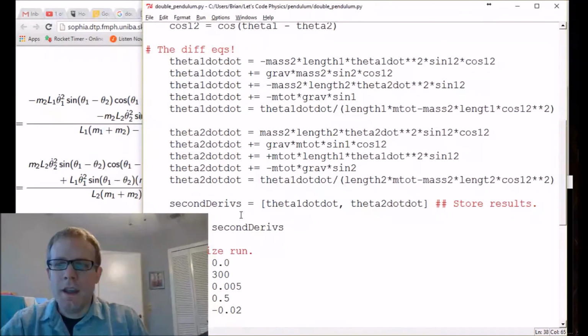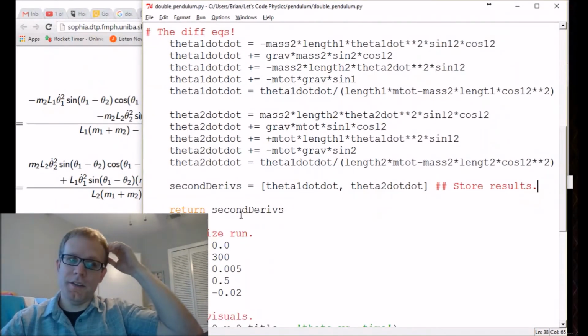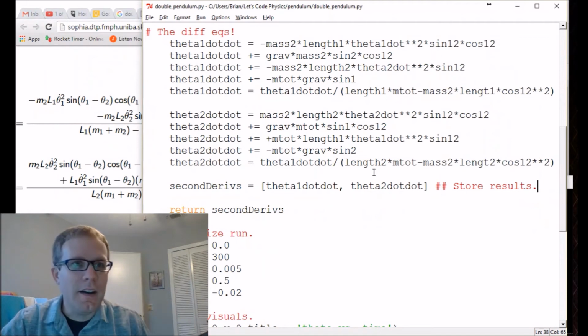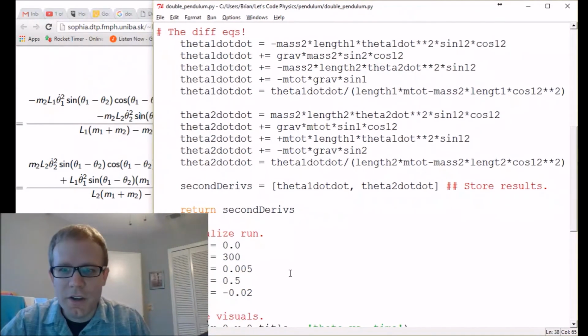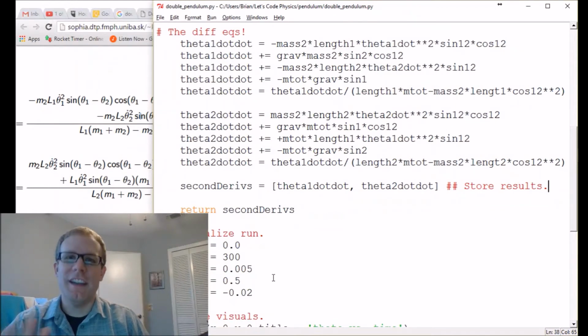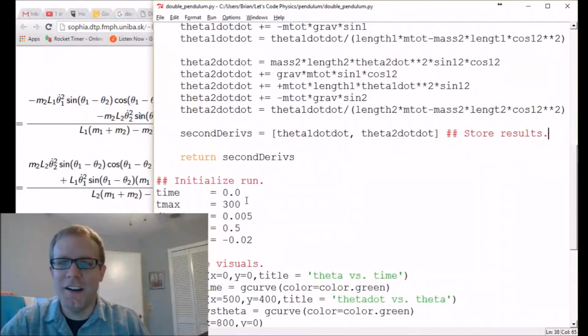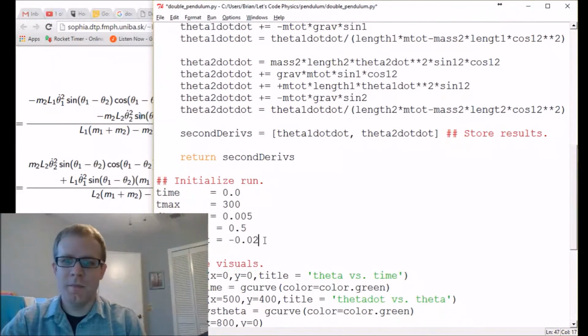Cool. And now what I'd like to do is get the rest of the code set up. We'll run it once, and then in the next episode we'll take a look at some of the results. So I need this to be a theta 1. I need this to be a theta 1 dot.